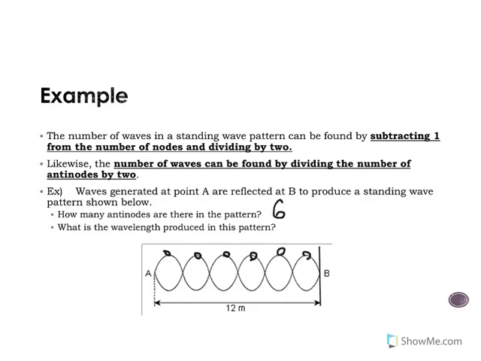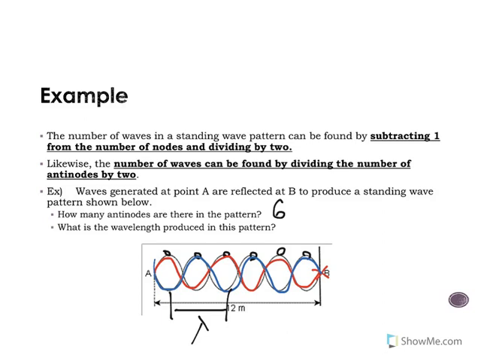So there's 6 antinodes in this pattern. And what is the wavelength produced in this pattern? So if we consider that one wave is traveling till it hits a fixed position and then it's reflected back, the question's asking us, what is the wavelength produced? So what's the distance here?